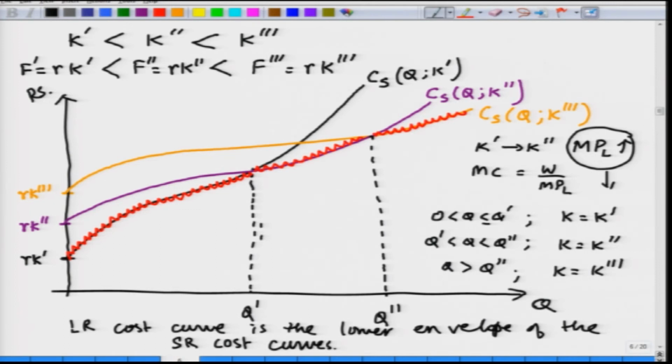So, if I have a series of short runs, I can use those short runs to derive my long run cost curve, and this long run cost curve is the lower envelope of the short run cost curves.